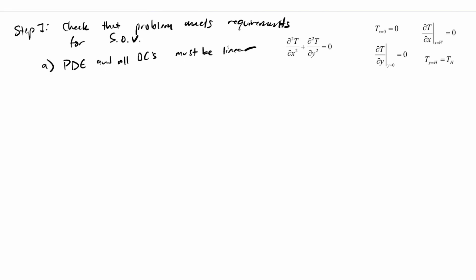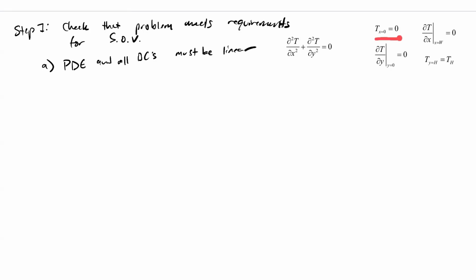So here we see we have a second differential plus a second differential in our PDE. That's fine. Second differential is not the same thing as, say, dT/dx times dy/dx. Those would be nonlinear. Here it's just a second derivative. That's linear. That's okay. And then the boundary conditions, are these all linear?